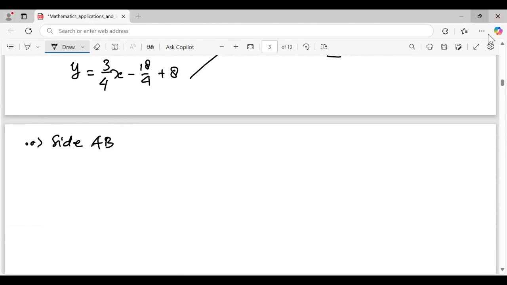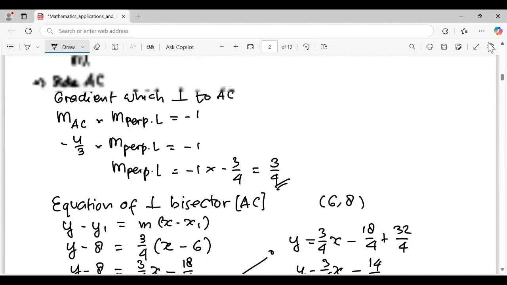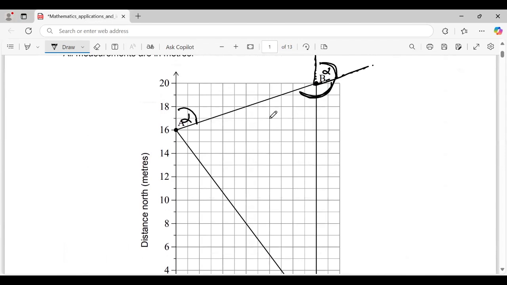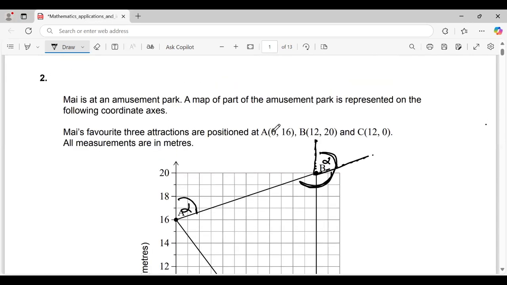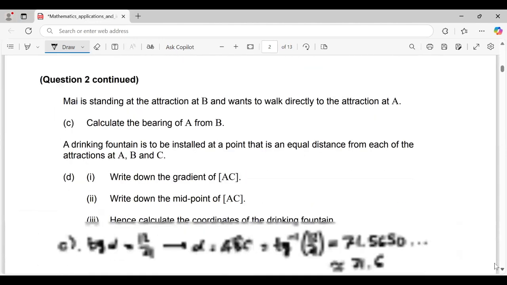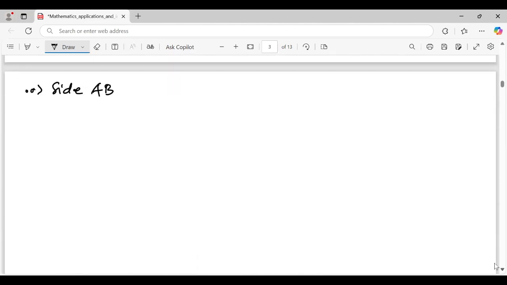Now, we move to side AB. A is 0, 16 and B is 12, 20. Midpoint AB, we need to find first.